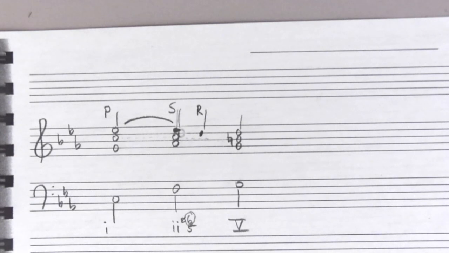So it sounds something like this. Original chord. Now I'm going to hang on to that E flat in the top voice, and then it resolves downwards. Then we continue.